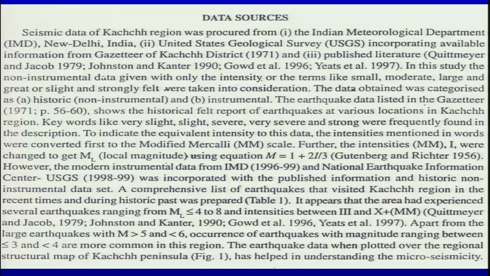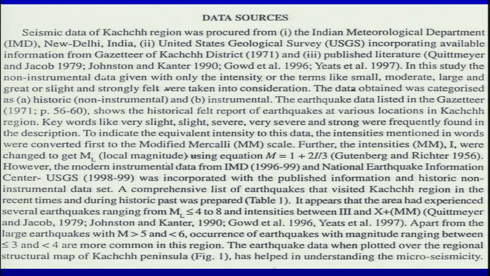The earthquake data listed in the gazetteers shows the historical felt reports. These were based on historical reports where the earthquakes were felt at various locations in the Kutch region. And then we also took into consideration keywords like very slight, severe, very severe, and strong. So this is again the intensity of ground shaking experienced by local people.